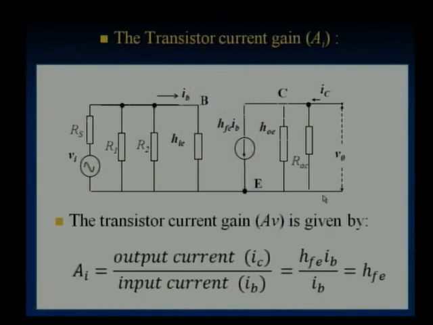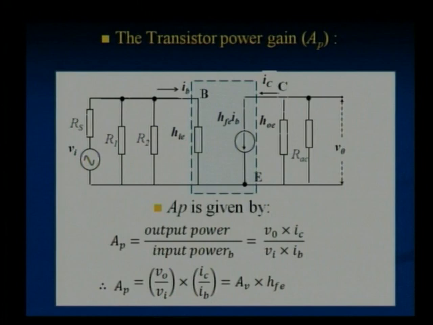And the current gain, finally, is the output current divided by the input current, that is h_fe I_B divided by I_B, and that is simply h_fe. And the transistor power gain, the final parameter for a transistor, is output power divided by input power. If you look at this circuit carefully, output power is V_O into I_C and the input power is V_I into I_B.